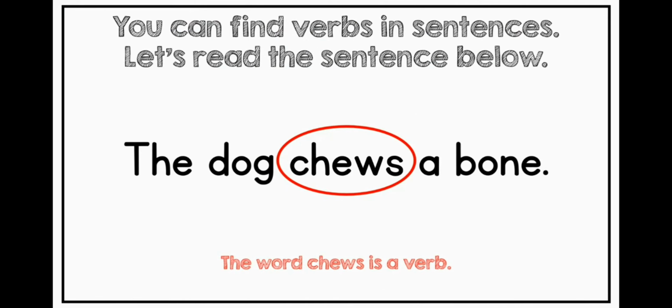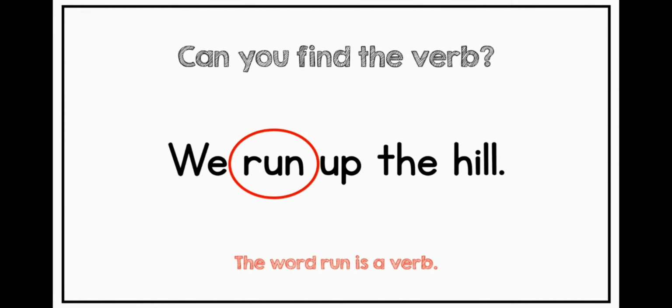You can find verbs in sentences. Let's read the sentence below. The dog chews a bone. The word chews is a verb. Can you find the verb? We run up the hill. The word run is a verb.